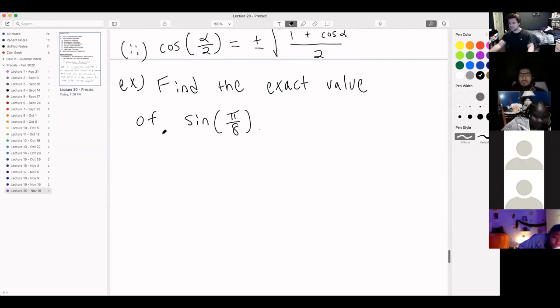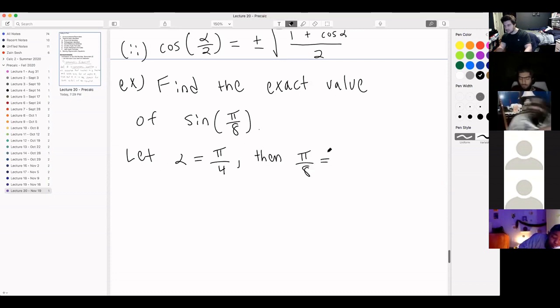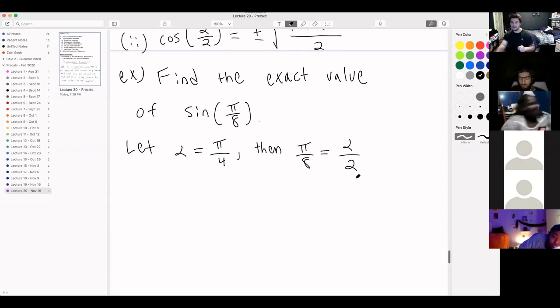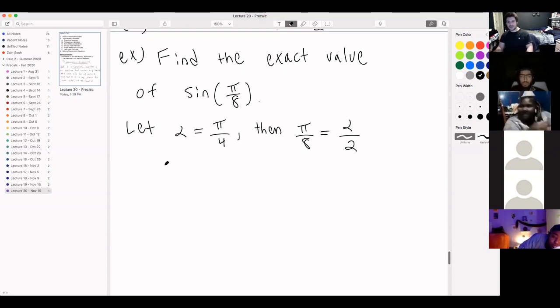All right, so essentially this is how it works. You let alpha equal pi over 4. Then pi over 8 is equal to alpha over 2. So do you guys see that essentially pi over 8 is equal to pi over 4 divided by 2?